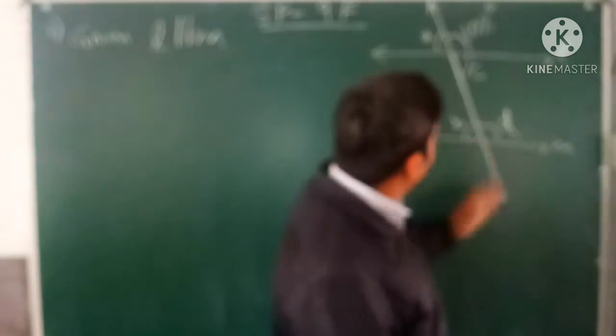Now these two are parallel and this is the transversal, so you can see the letter F is formed, the inverted letter F. That is 108.